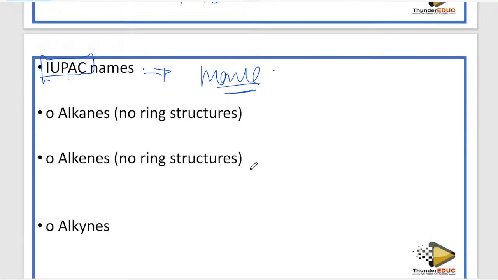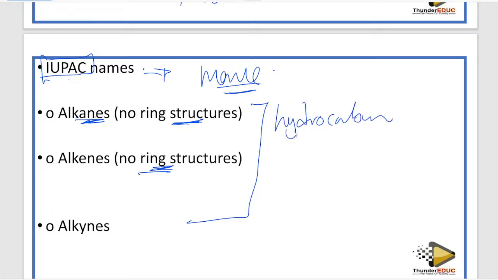So in these organic molecules, we need to have what you call the alkanes. Here, please don't talk about the rings, structures which are involved in rings. So here is an example of a hydrocarbon. All these three are hydrocarbons. These are the parent of all molecules. When you talk about alkanes, alkanes can be differentiated from other molecules by single bonds.